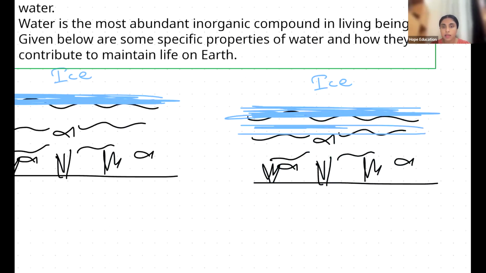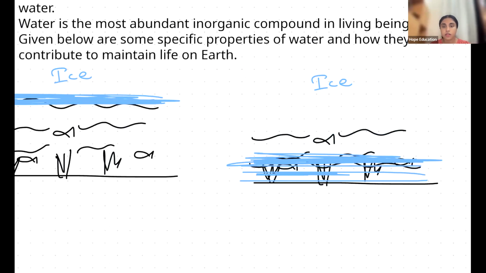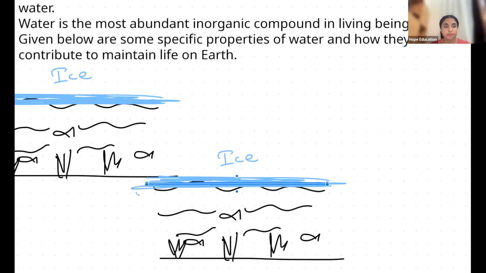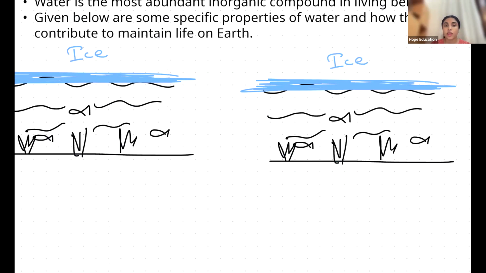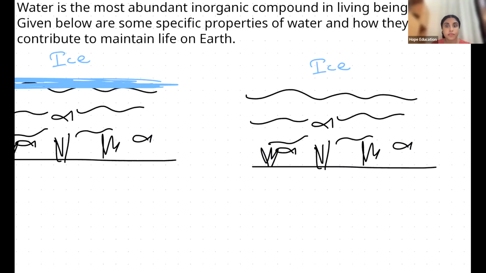පල්ලෙහාට sink වෙලා පල්ලෙහා layer එකක් හදනවා. It's very ugly, no? Let me redraw like this. So there are different ice forming in water and all the ice, let's say, move down and form a layer here.